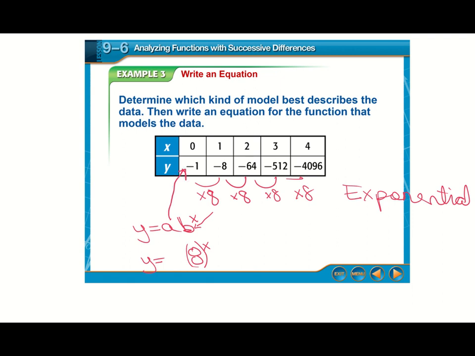So wherever x is 0, your A is going to be what the y is. So actually, you can write it y equals negative (8) to the x. Notice the 8 is in parentheses because that is the only thing that's being multiplied. You can write the negative 1 there, or you can just leave the negative sign.